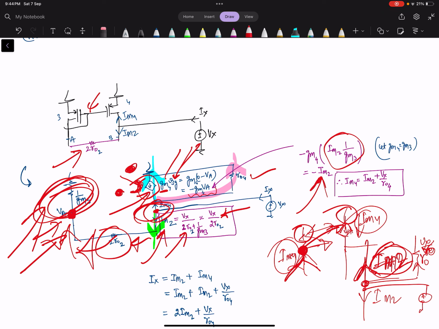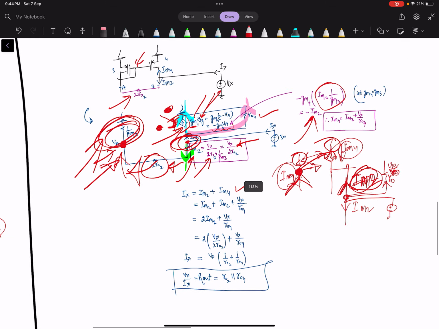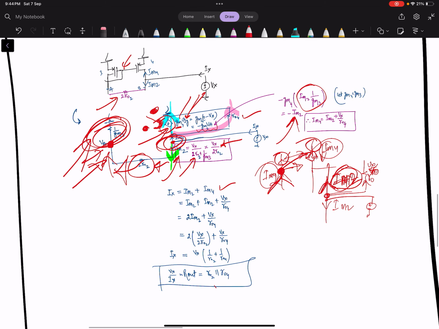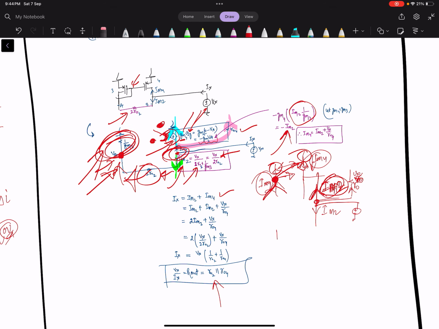Okay, now if you apply the KCL and solve it, then you will simply get that R equivalent is R02 parallel R04. So what is that?